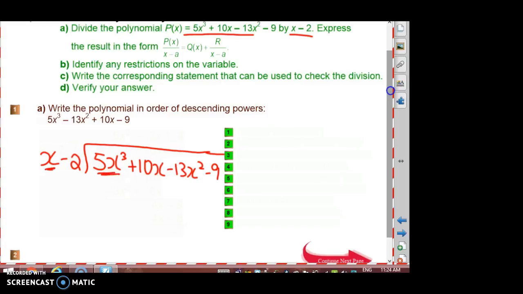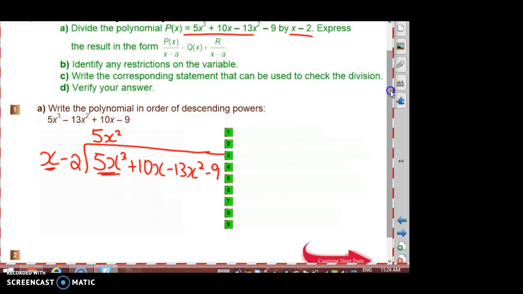So what we're worried about is how we can change this x into a 5x cubed. So what would we need extra to make this x into a 5x cubed? Well, we need a 5, right? And then how many more x's do we need?